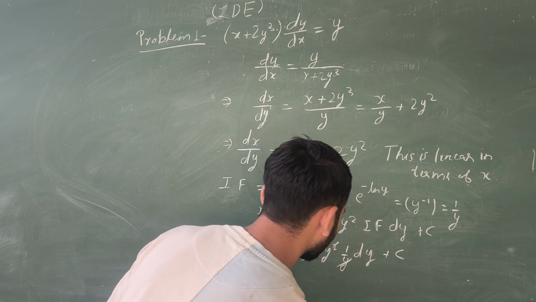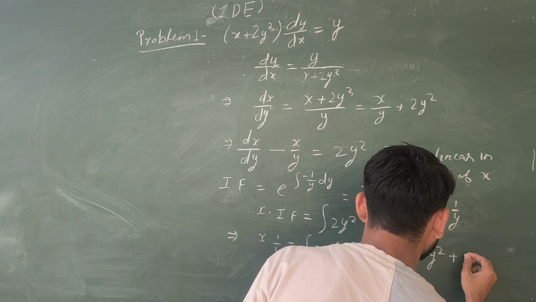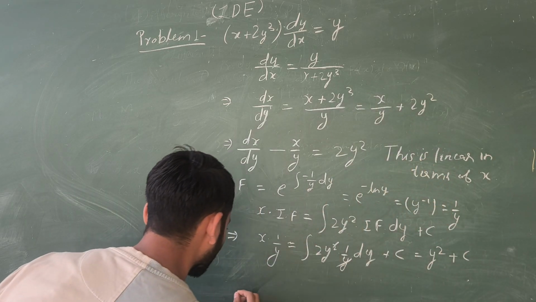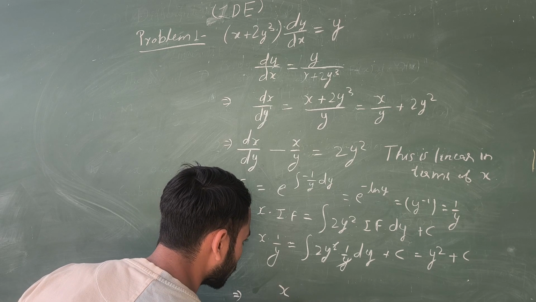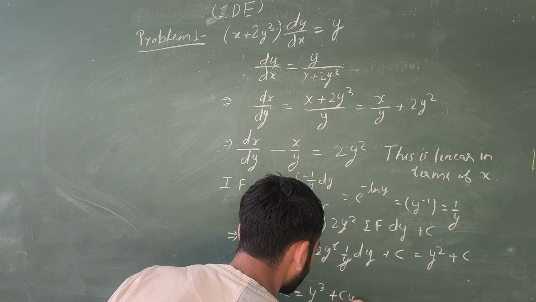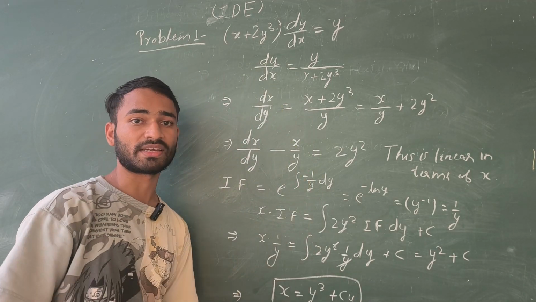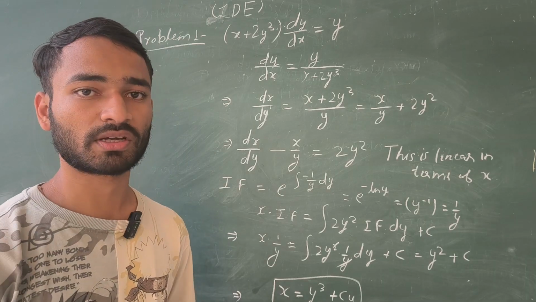This will be cancelled out. We get y square plus c. So our final answer will be x is equal to y cube plus cy. This is how we can solve very easily by applying integrating factor.